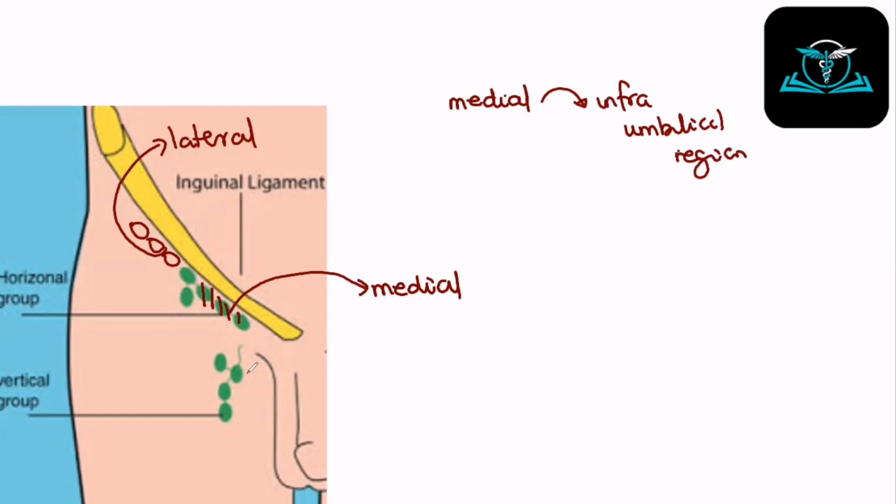And then the perineum, which receives lymph from every part, including the scrotum of the male. So if the male has a scrotal abscess, the medial group of inguinal lymph nodes are likely to be hit. And then the lower half of the anal canal.